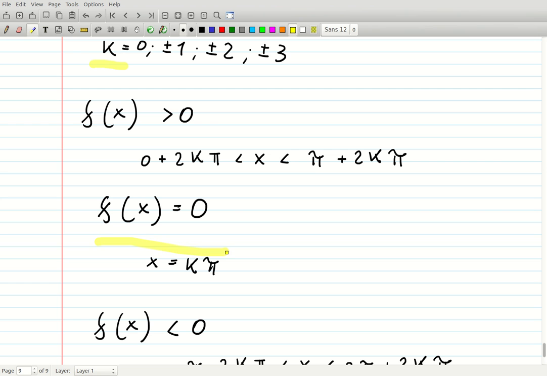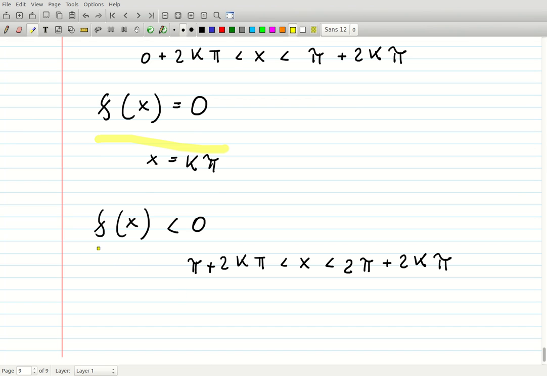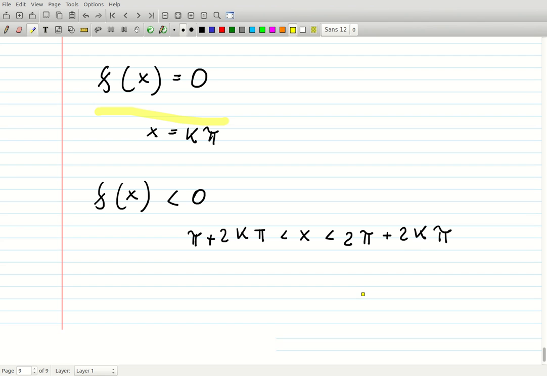Our function will be null if x is equal to k pi, and our function will be less than 0 if pi plus 2k pi is less than x less than 2 pi plus 2k pi. Thanks a lot, guys.